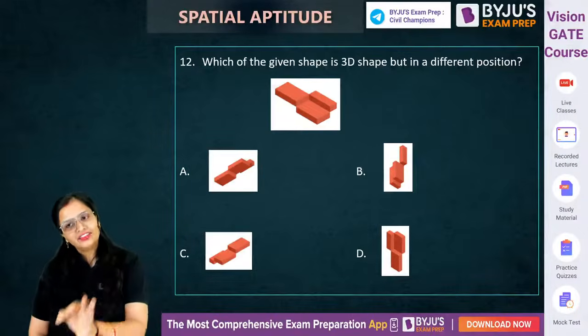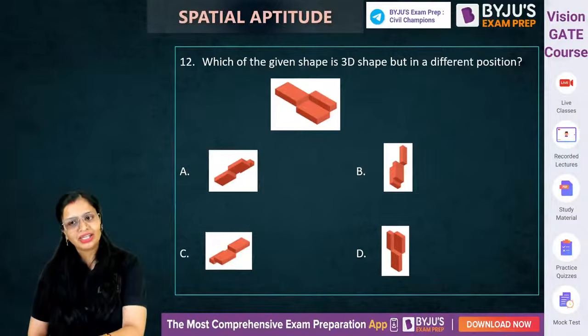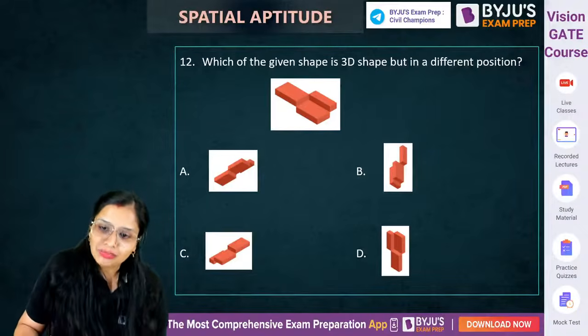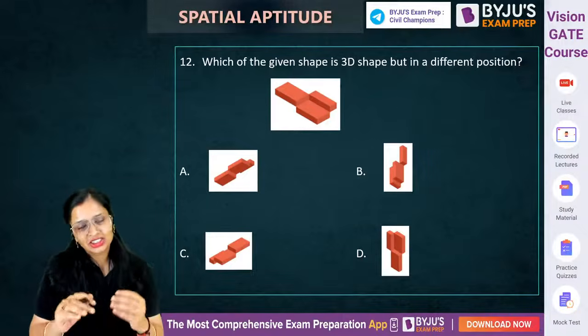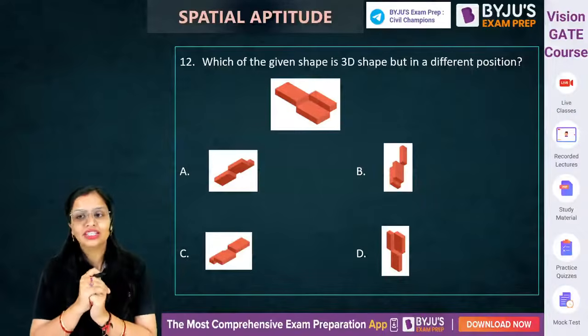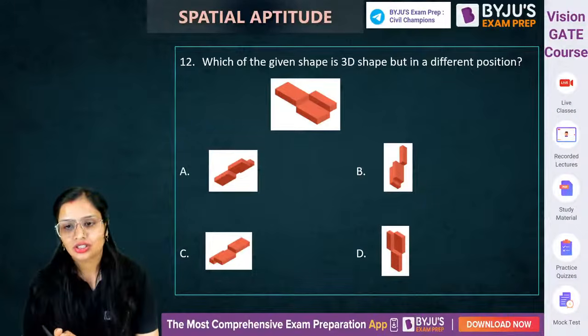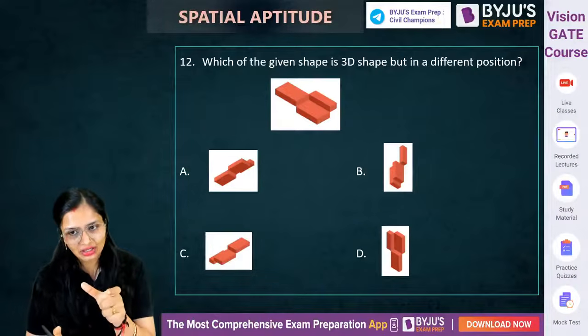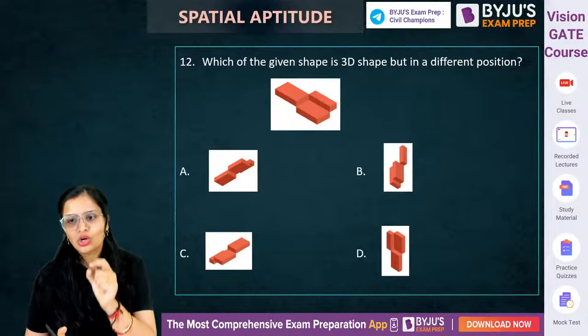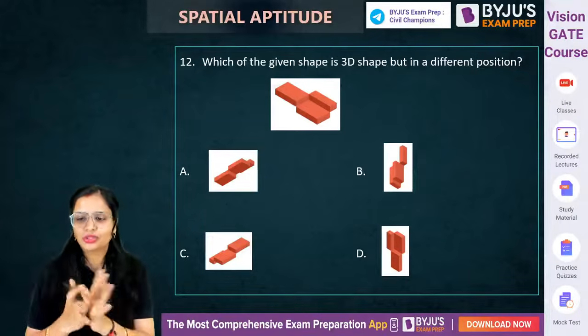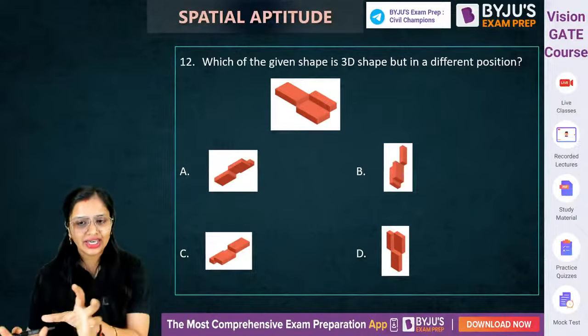Now, which of the given shapes is the 3D shape but in a different position? A similar shape is there, but you have changed the orientation, you have changed the positioning. So you have two rectangles, and another rectangle whose width has been reduced. Which is the correct one?